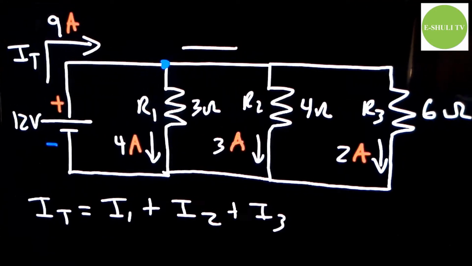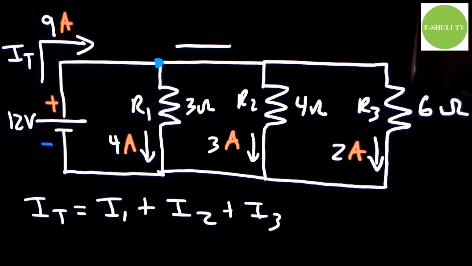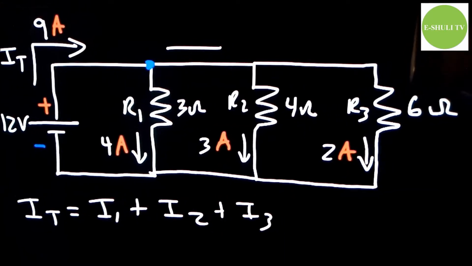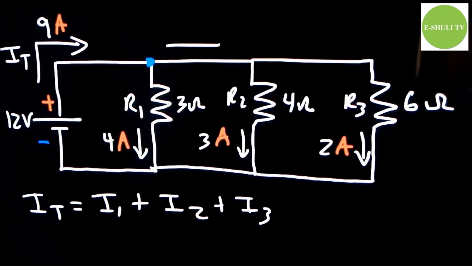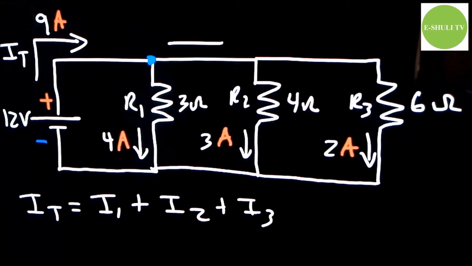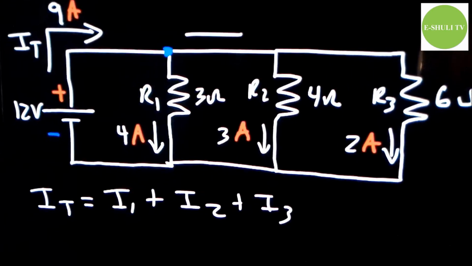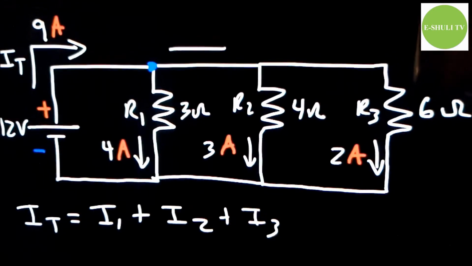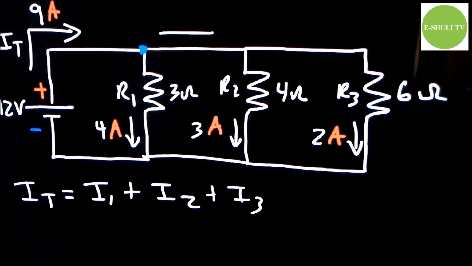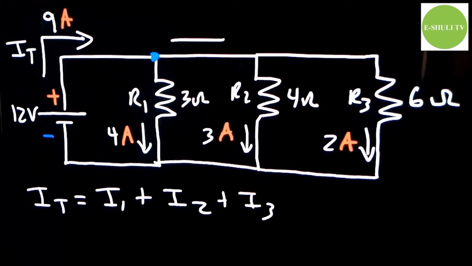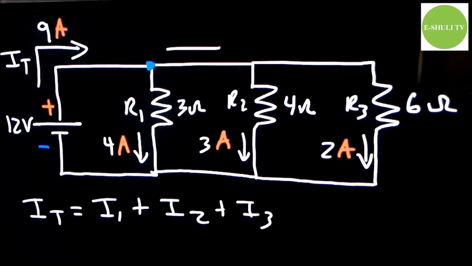Then you have to remember to write the unit according to the result you are getting. The voltage in parallel is the same, while current is different. In series, voltage is different, while current is the same through all resistors.